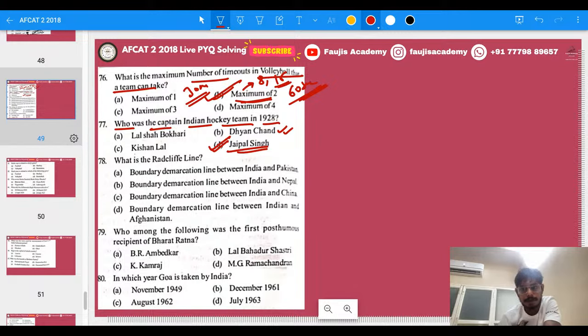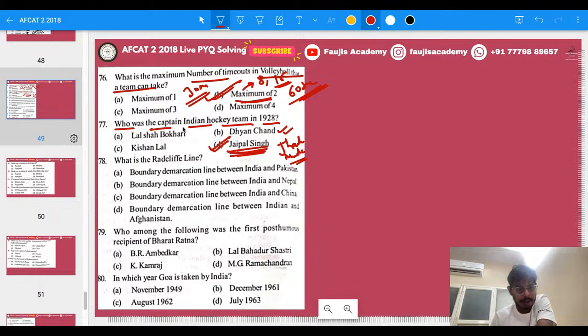Devanathan, this answer B was for 76 or 72, right? Jaipal Singh was the answer to this question. He was a person from Jharkhand, from the Munda community, the fighter community of Jharkhand.